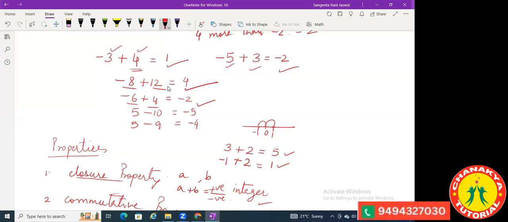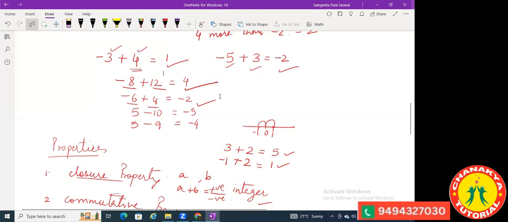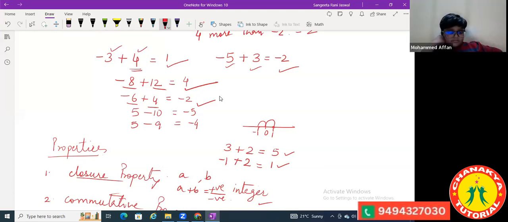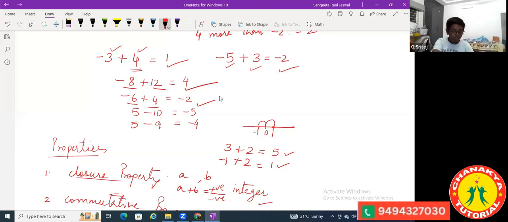Yes, ma'am. So this is about the closure property. This is what the closure property says, that when we add two integers, the answer that we get is also an integer. No matter whether it is positive or negative, all numbers are integers only. You understand this part now? Yes, sir. Others also, did you understand this part? Yes, ma'am, clear.